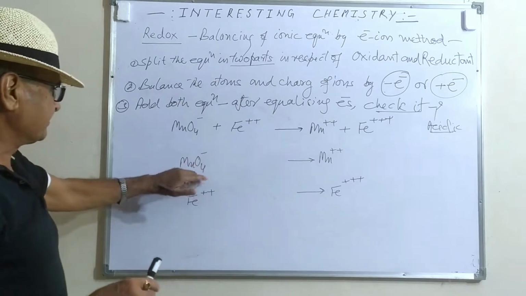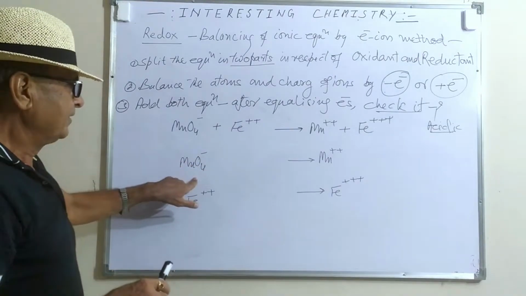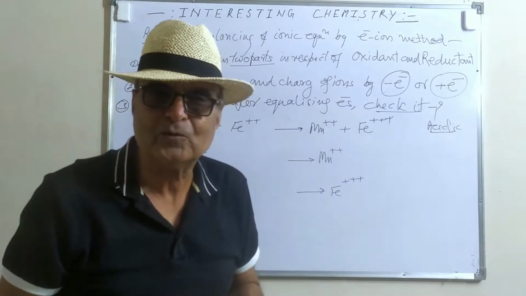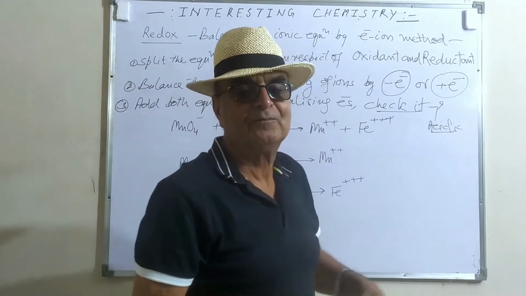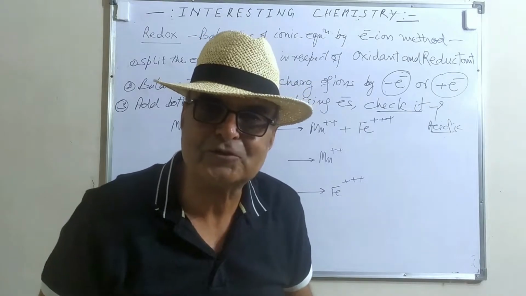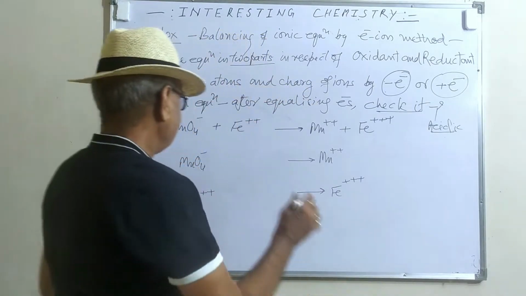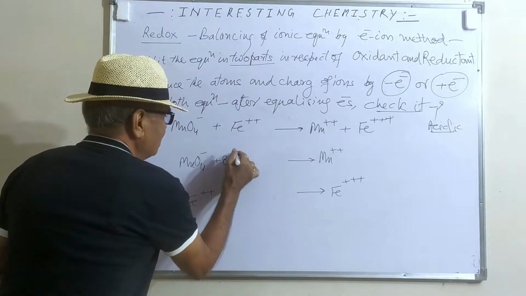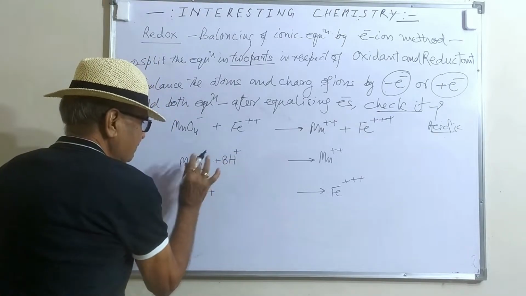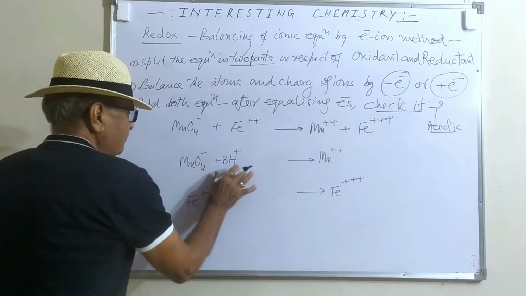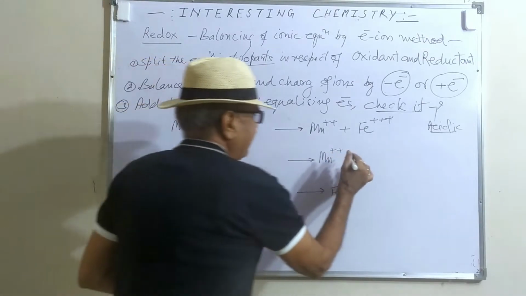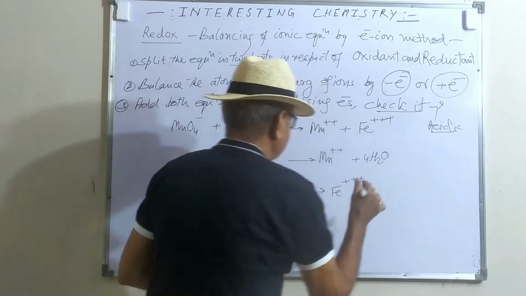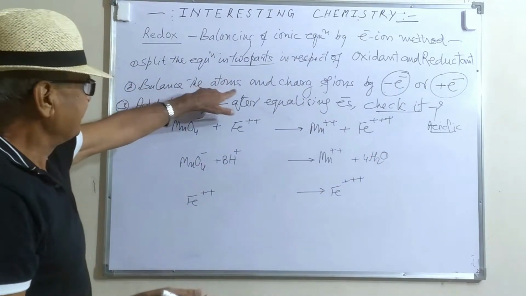In the reactants there are 4 oxygen, so in the products there should be 4 oxygen. How? It is an acidic medium, so take 8H positive. Add here 8H positive. With the help of these 8 H positive, the 4 oxygen will react, and here you can write 4H2O. This is balancing the atoms.